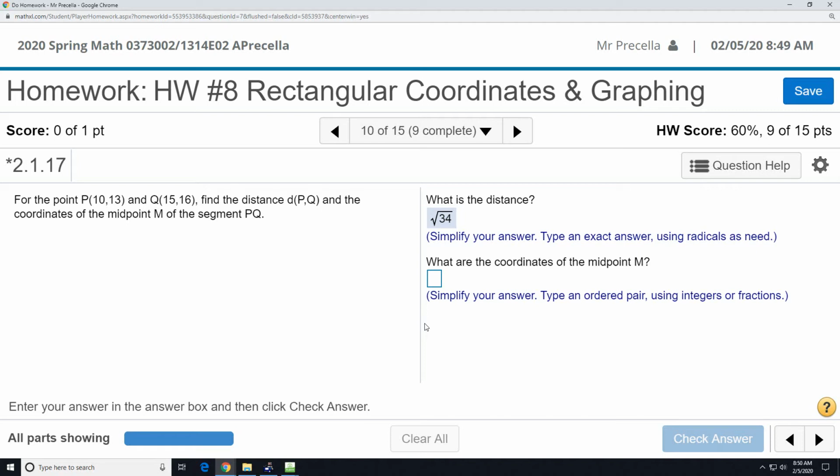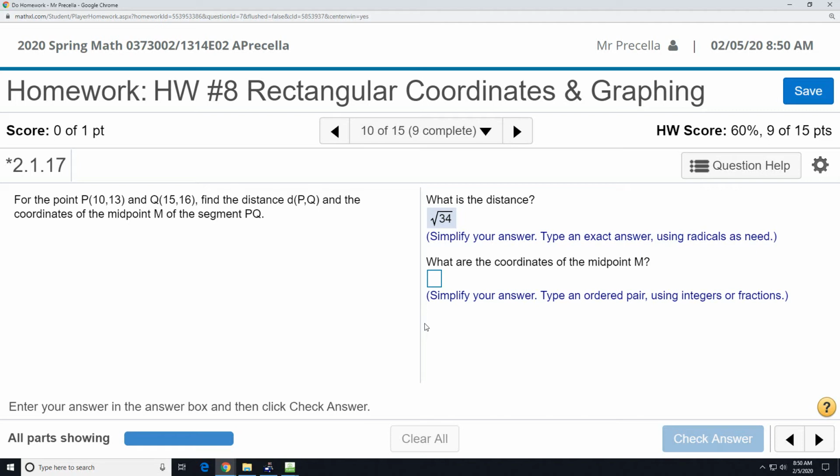So to find the midpoint, you're just going to plug in. You're just averaging the x's.